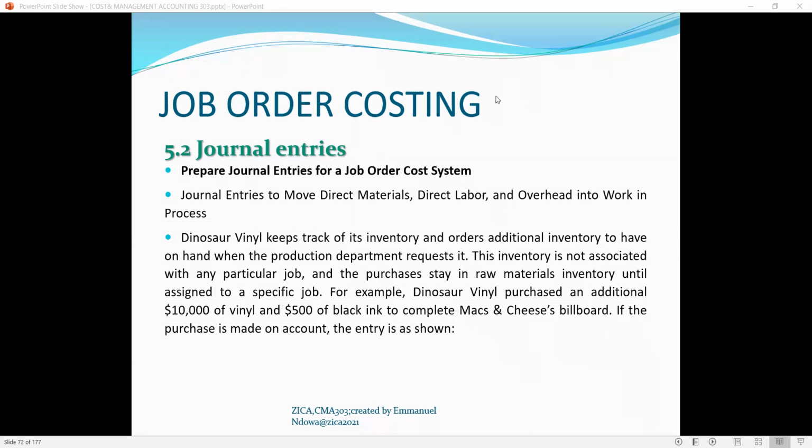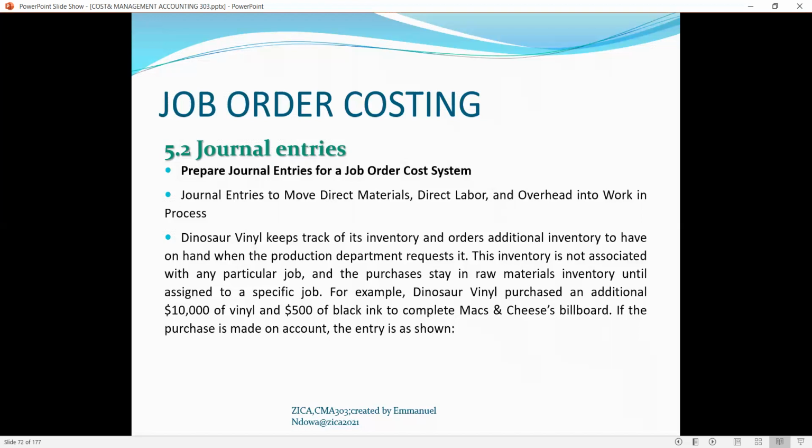So basically, I've been saying you need to reckon the journals which are going to be involved in your cost of production. In order to come up with production, you need to recognize the journals that you are going to employ in order to record your flow of cost. Remember, the journals you are going to employ are a replica of the flow chart of the cost which we highlighted earlier on that diagram.